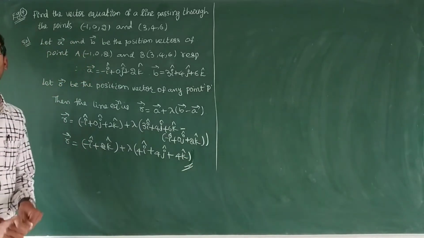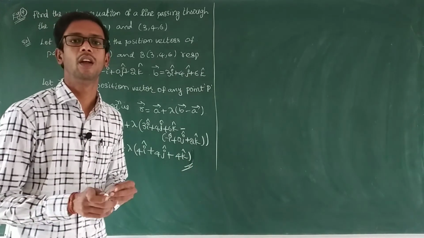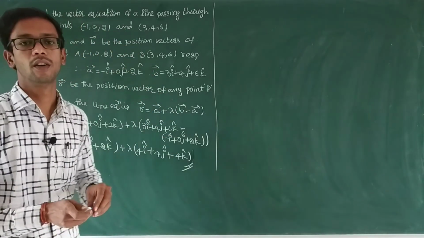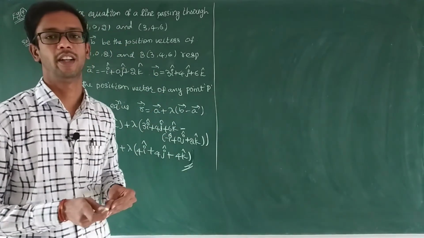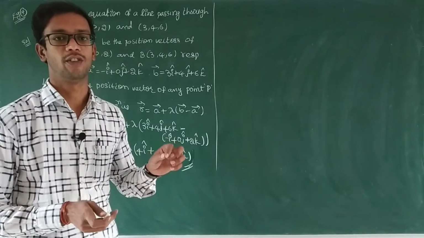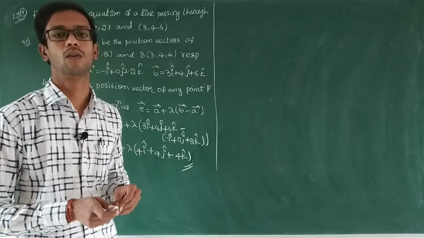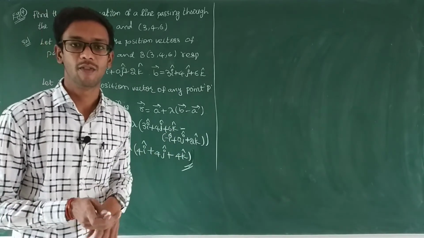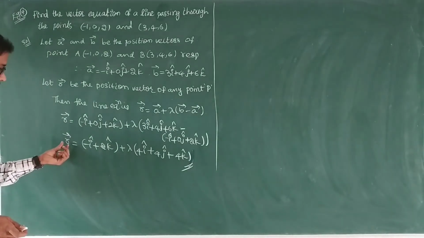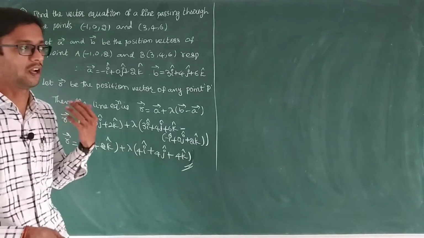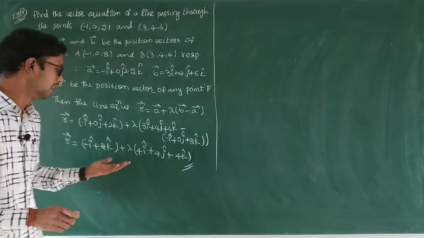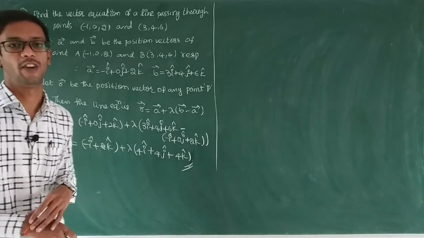So this is the required line equation in vector form, and that line is passing through given 2 points. This is the way of finding the line equation when the line is passing through 2 points. For Cartesian form, if you need it, R bar value we have to take. R bar is a position vector, x i cap plus y j cap plus z k cap. Then we have to make the comparison and simplification.